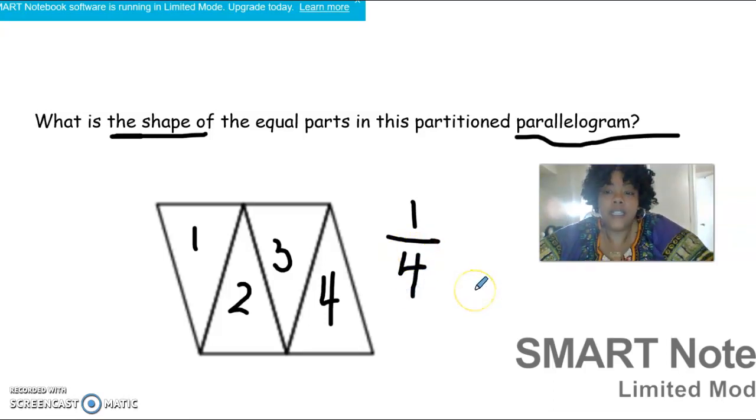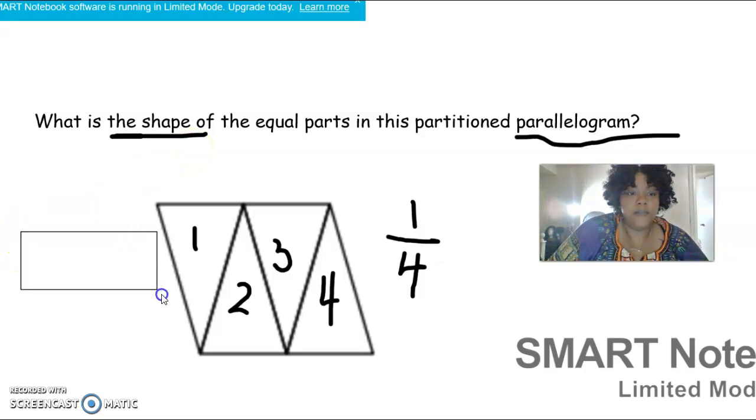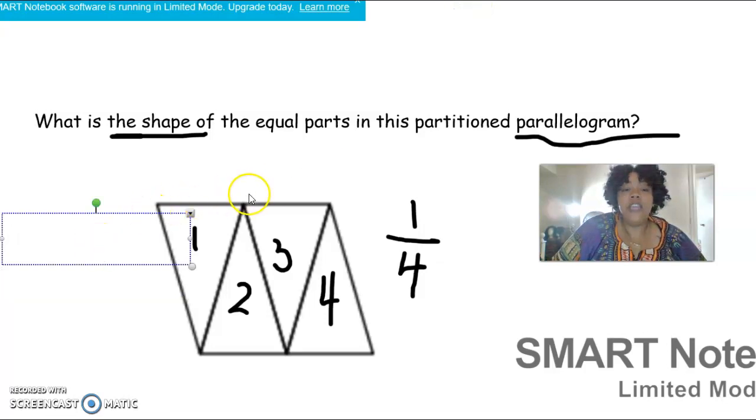But now I need to describe the shape of each part. So I'm going to type that in now, and I hope that you have the same answer as me. So the name for each part of this whole is triangle, right?